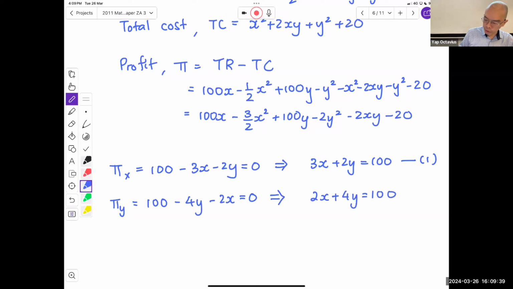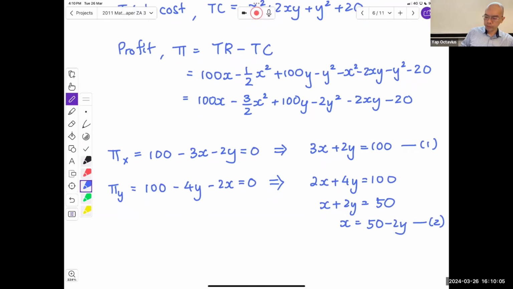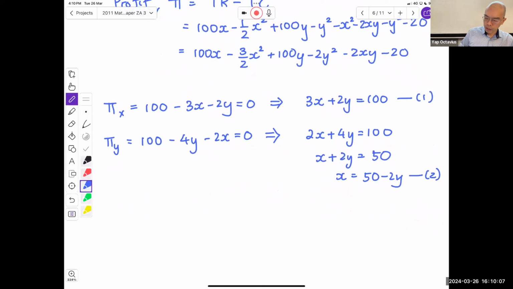Okay, so I'm going to do substitution. So I'm going to simplify this equation. So we get x plus 2. So this is equation 2. Okay, let's solve.